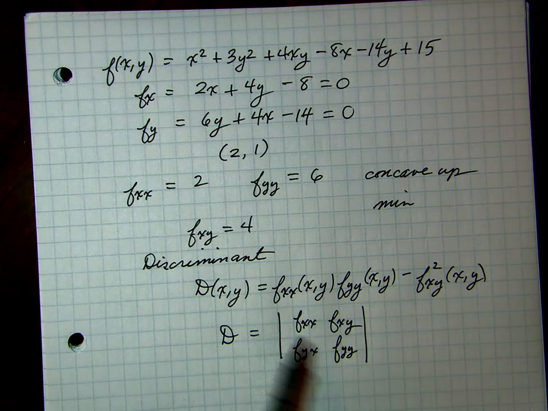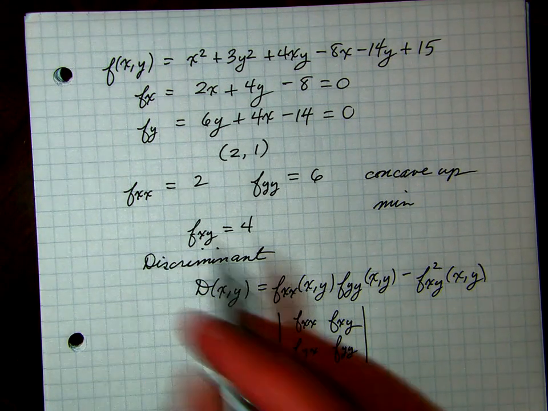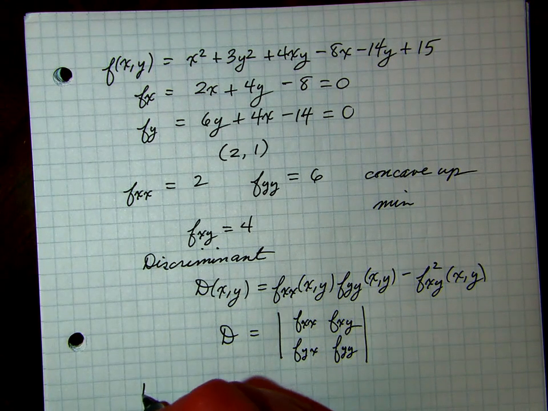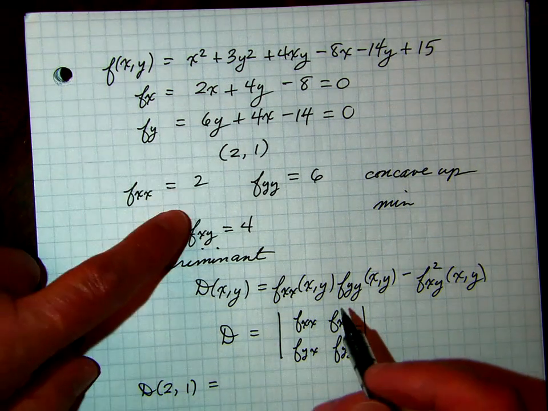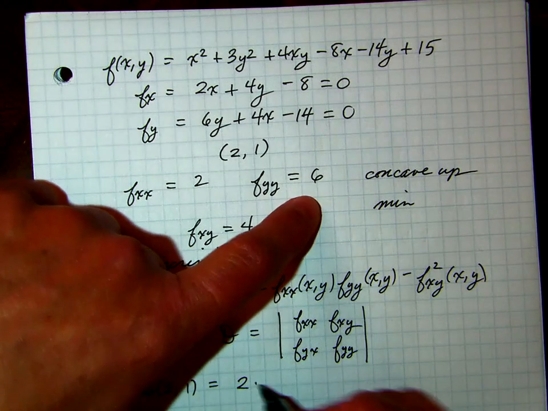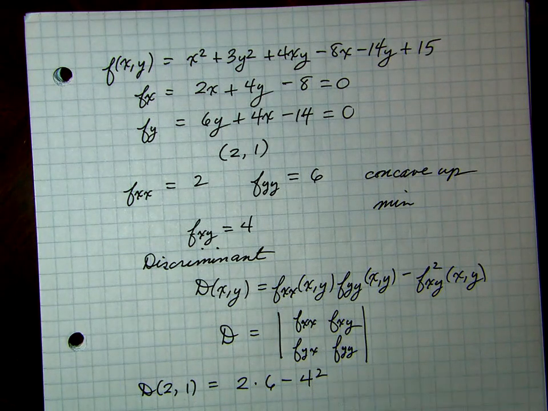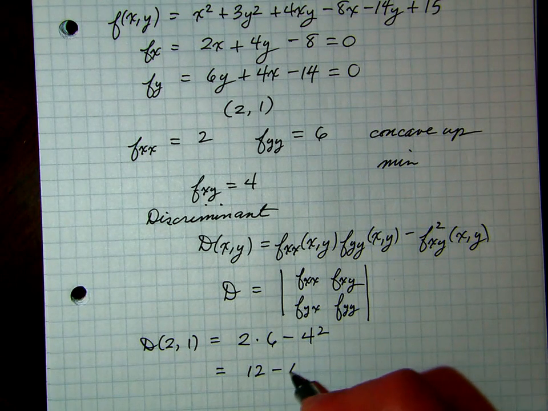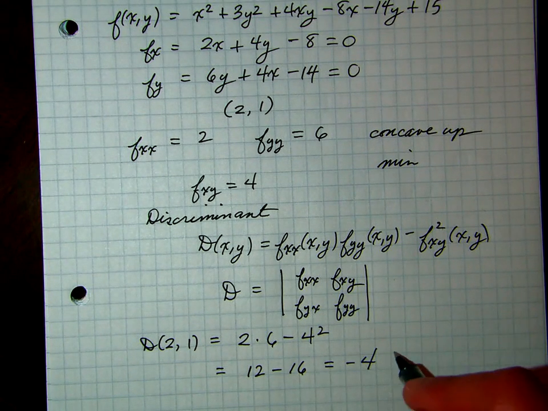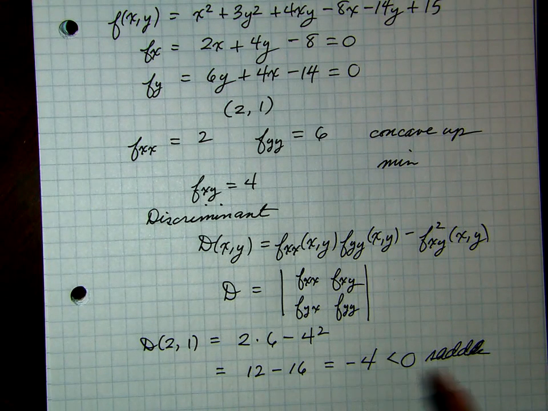And you'll see that when you work this out, fxy and fyx are the same, so you get that expression. In our particular instance, the discriminant evaluated at (2, 1) is going to be 2 times 6 minus 4 squared. In other words, we're looking at 12 minus 16, negative 4. This is negative. This means you have a saddle. No matter what else is going on, this is a saddle point.